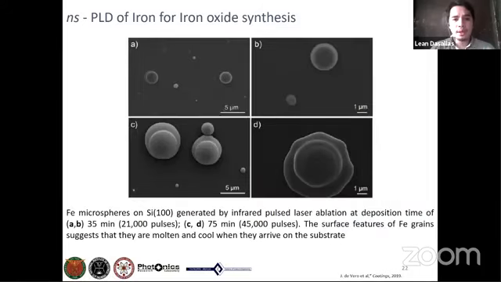So these are some scanning electron micrographs of the synthesized iron microspheres on top of the silicon substrate after the nanosecond PLD. We can readily see that there's a presence of microspheres on the surface, and they tend to be bigger when we increase the deposition time, which is proportional to the number of laser pulses.